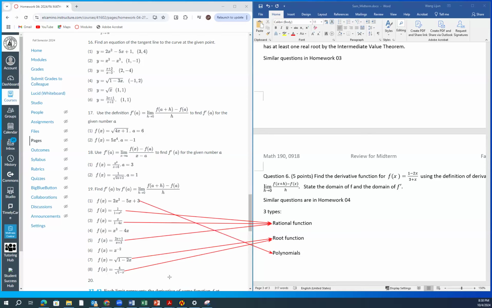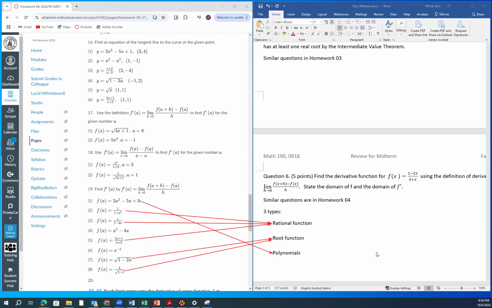You see many different examples, and you should know how to do these, how to find the slope, but we will also know how to find slope by taking the derivative, right? So in terms of question number 6, you need to know how to do 3 types: rational function, root function, polynomial. I gave you a rational function as an example. And on the exam, it could be a root function, a polynomial function, or a rational function.